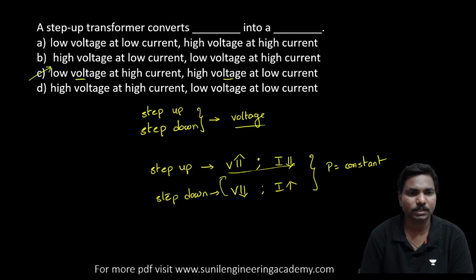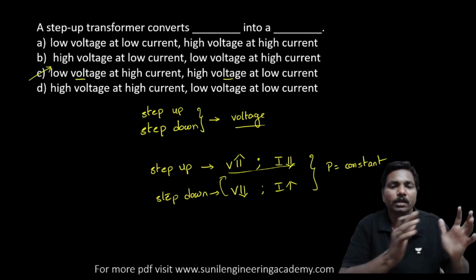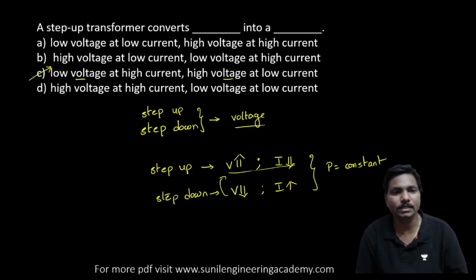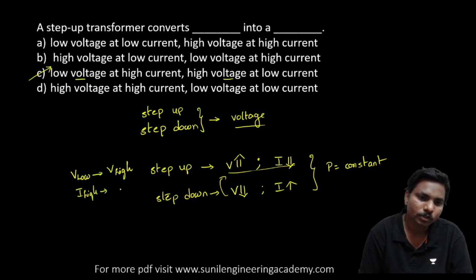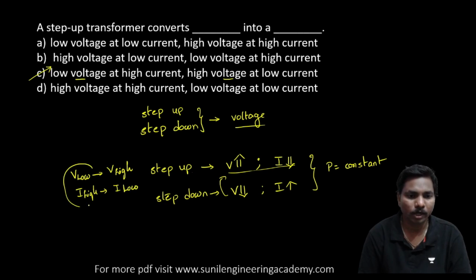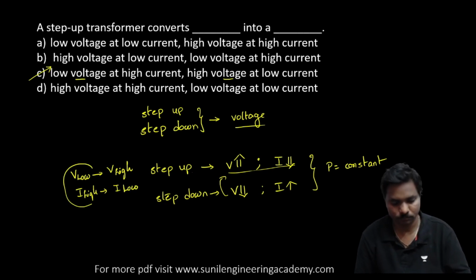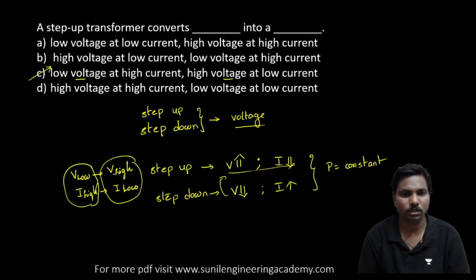So the answer is option C. In a step up transformer it will increase the voltage, so that means it converts low voltage to high voltage. Whenever the voltage is low, at that time current is high, so automatically current goes from high to low. So low voltage high current to high voltage low current. So option is C.